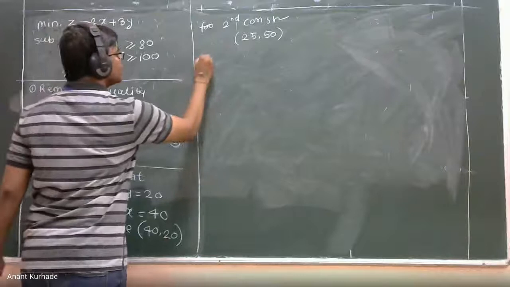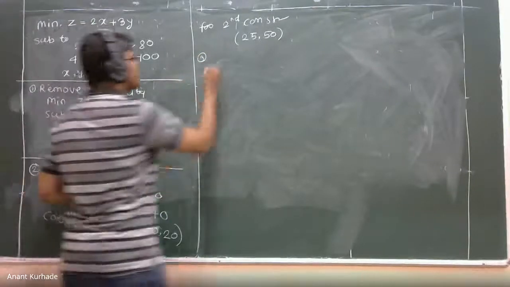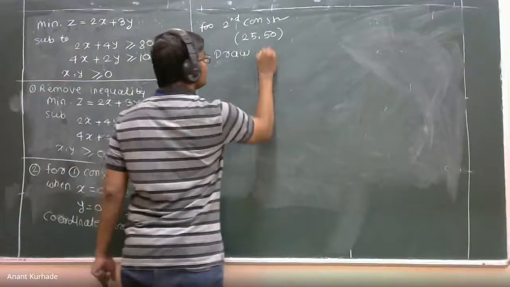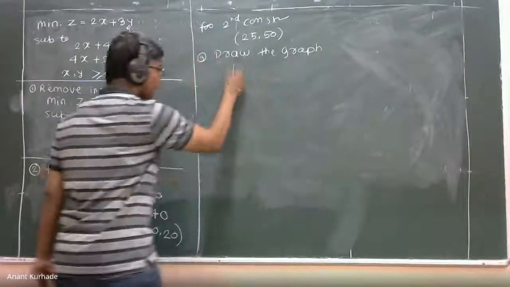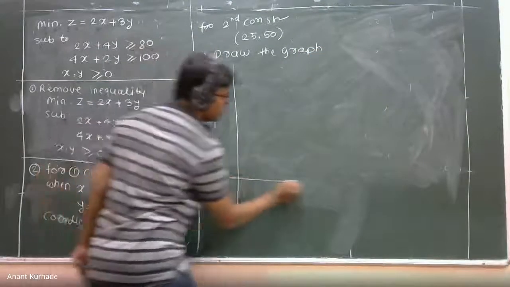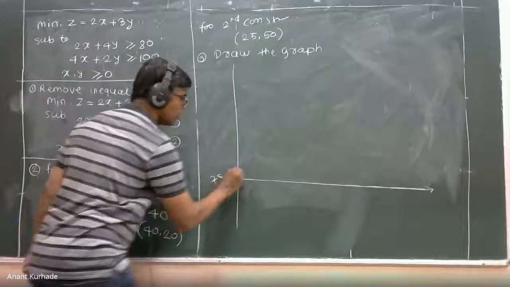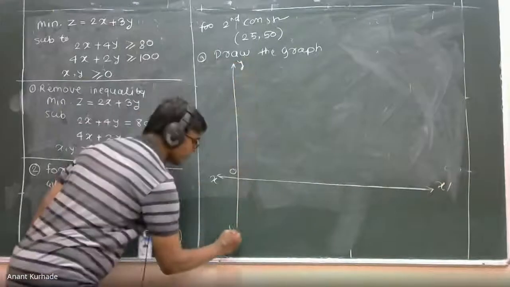Now your third step: you have to show these two constraints on the graph. Draw the graph on graph paper. Horizontal x, you can put x o x dash, and here y o y dash.